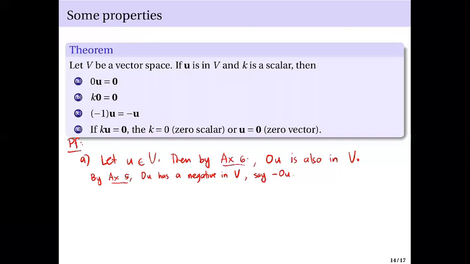So this is what we know: 0 plus 0 is equal to 0. In here we have the scalar zeros.